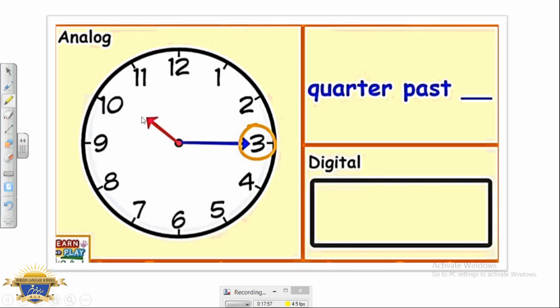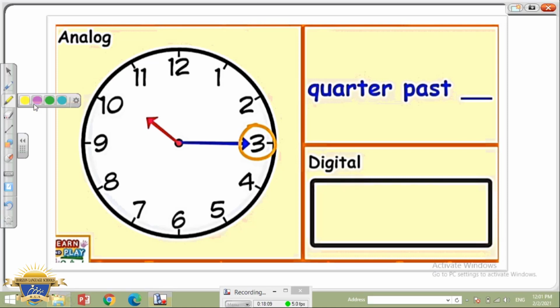The next one, it's 10 on the hours hand and 3 on the minutes hand. Okay, the minutes hand tells me that it's 15 minutes, right? 3 equals 15 minutes. And the minutes hand is on the past side, it's quarter past. Past, we take the small number. The small number, 10 or 11? Excellent, it's 10.